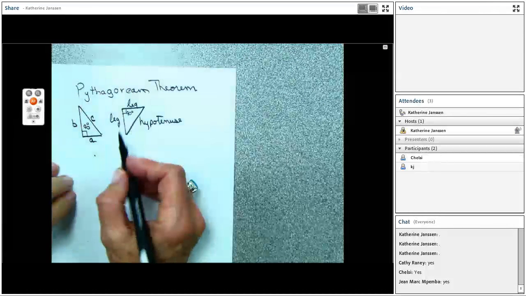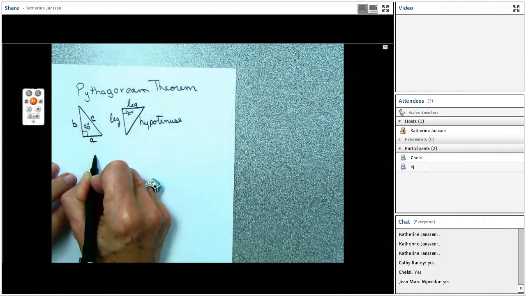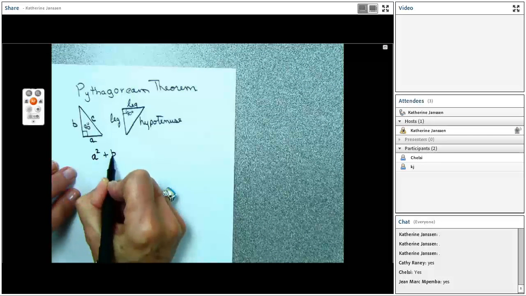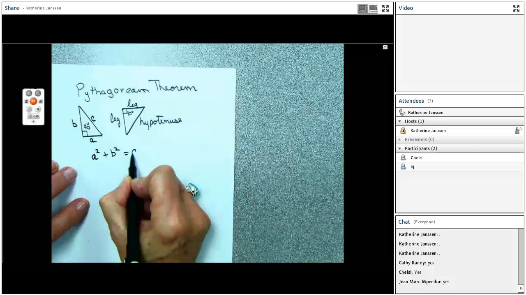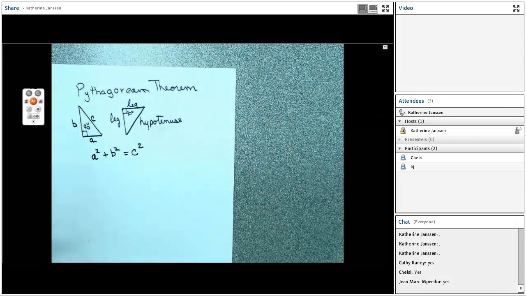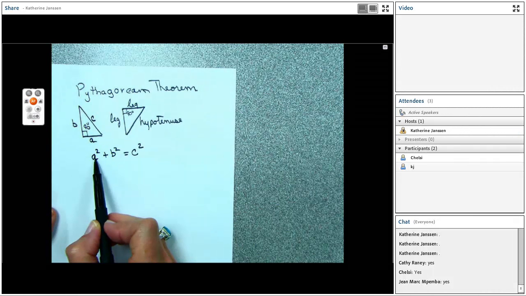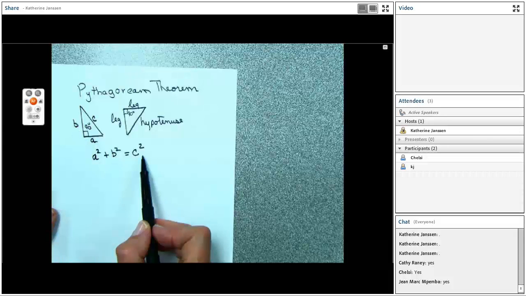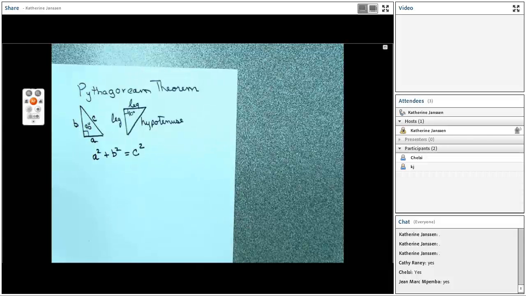The Pythagorean theorem says that if you have a right triangle, side A squared plus side B squared is equal to side C squared. We have that relationship. So whatever the length of A is, square it. Whatever the length of B is, square it, and that would allow you to solve for C squared.